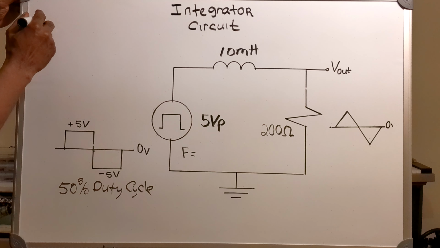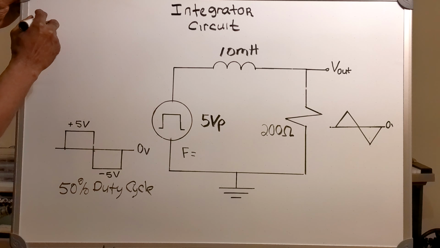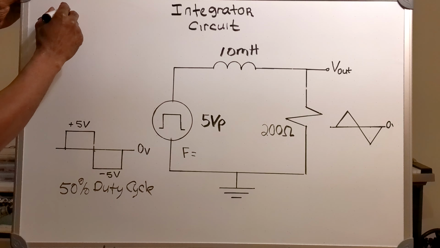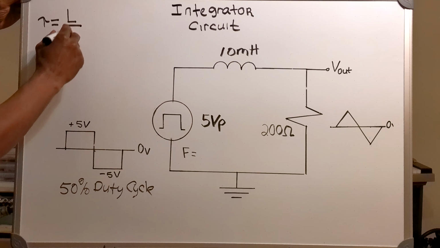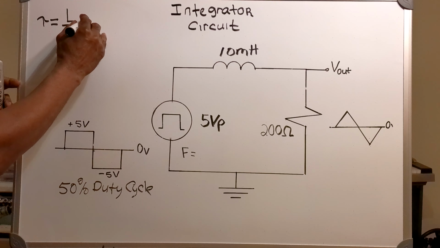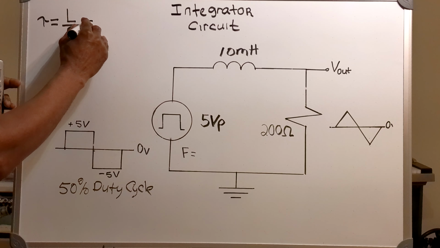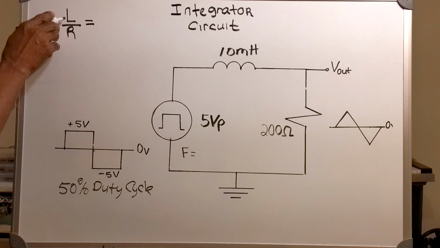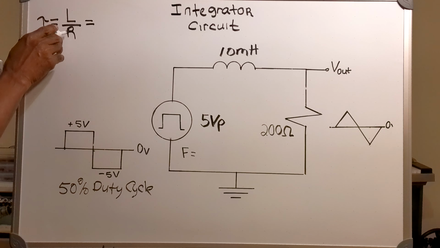The first thing that I need to find is my L over R time constant. And my time constant equals my inductor over my resistor.